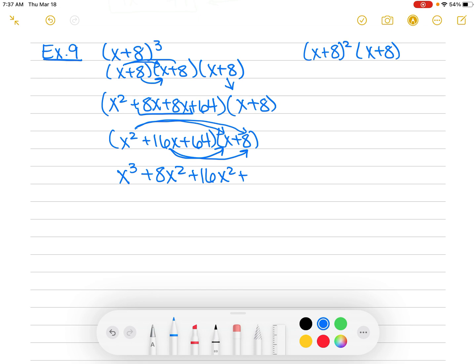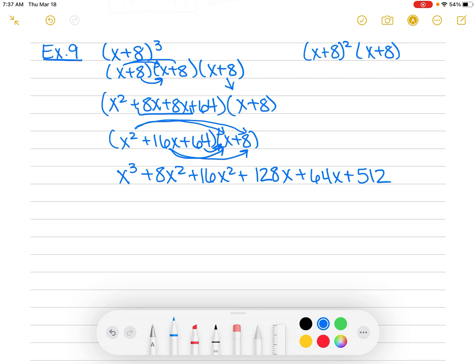That should be 128x. Yep. Okay, and then the last one, 64 times x is 64x. And 64 times 8, I'm going to use calculator real quick, and that's 512.